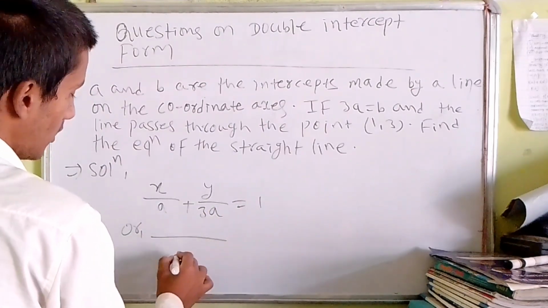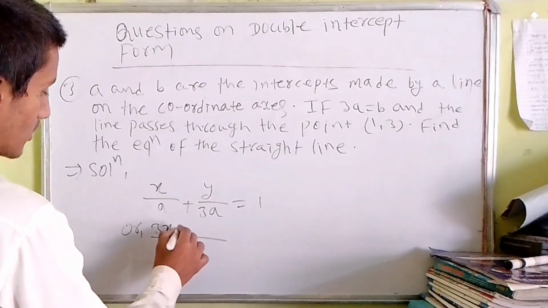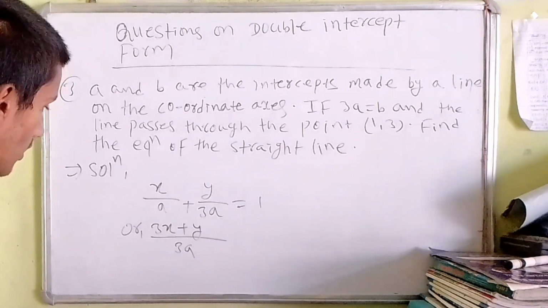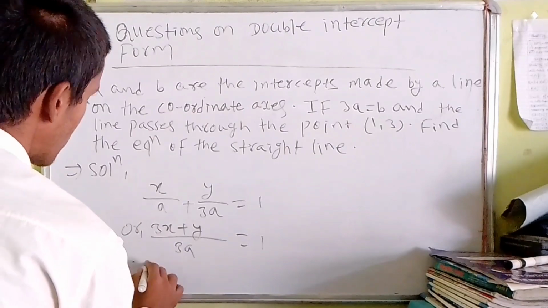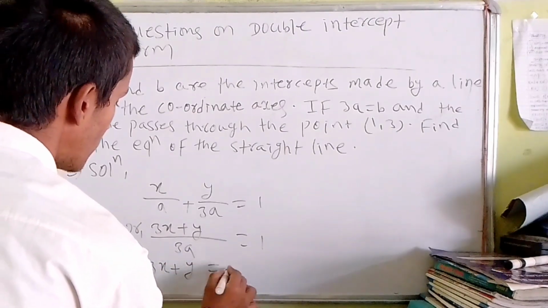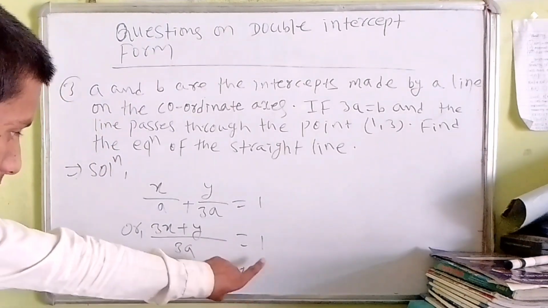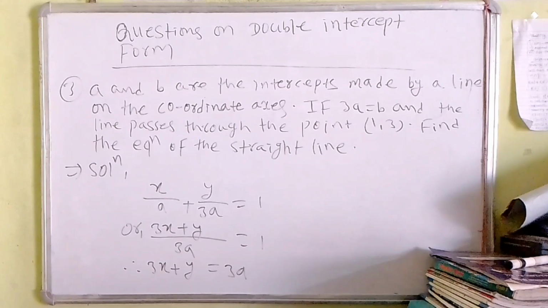Simplifying this, we're going to have 3x plus y equal to 1 over 3A, which means 3x plus y is equal to 3A. So we have the equation, but it's given in terms of an unknown, which is A. This is not known right now.